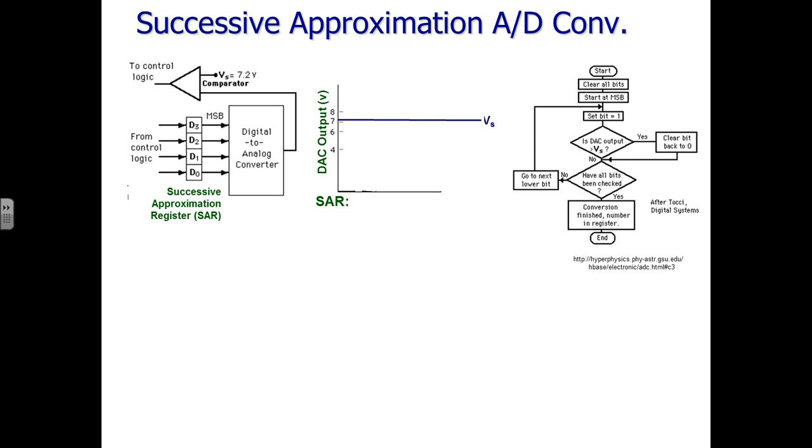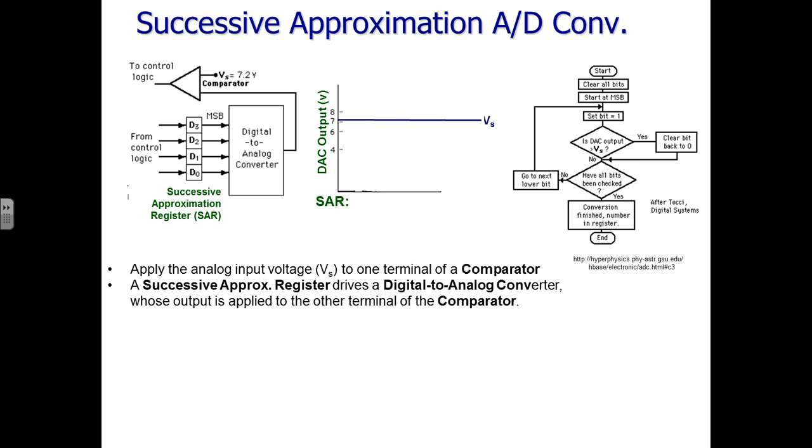But this time, instead of just stepping through a binary count and making a stepladder kind of signal with the D to A converter to compare with, the successive approximation converter instead does a binary search in essence for what code the input level is.